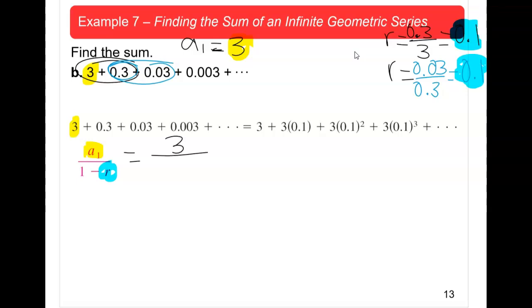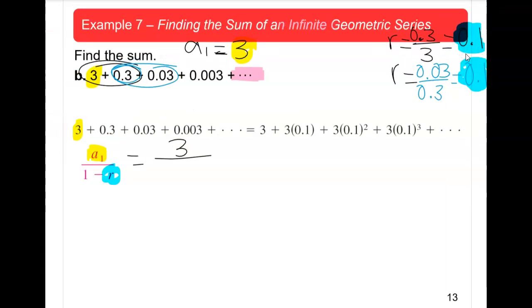Oh, and also, I forgot to mention, even though it's an infinite sequence, the only reason we can add is because the common ratio is less than 1. That's the only reason.